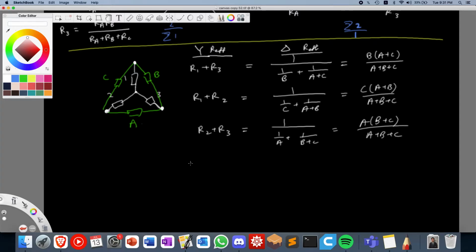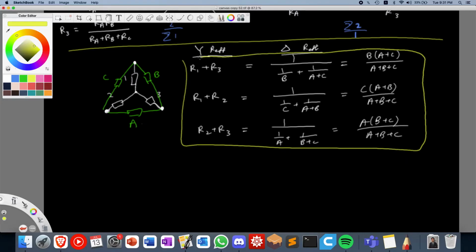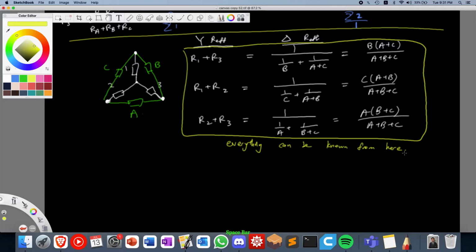So these are the equations, and everything can be known from these equations.